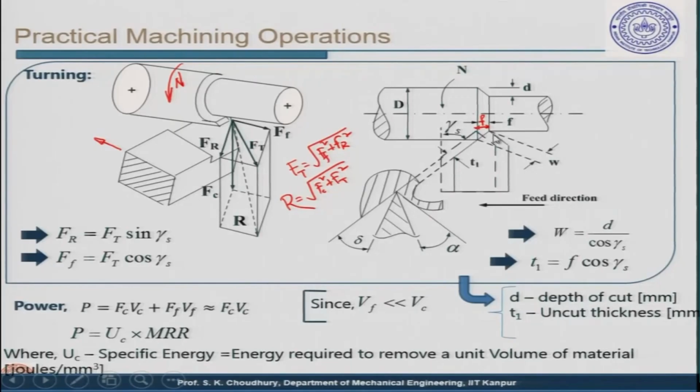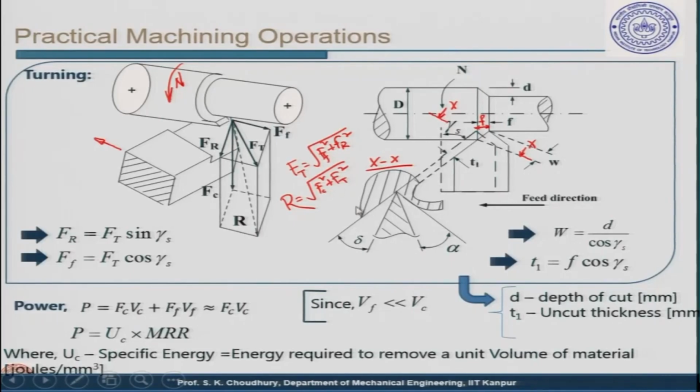If you take the cross section like this, through the tool, you will get this sectional view, let us say x x. This is the tool, not fully shown, hatched because it is sectioned, and this is the workpiece, also not fully shown.